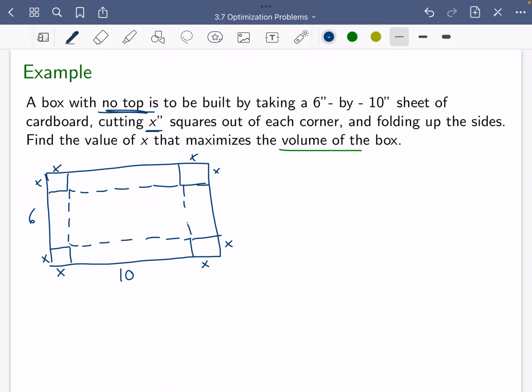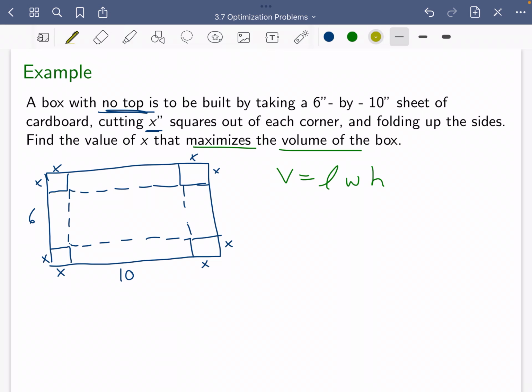And what do we want to do with this box? Well, we want to maximize the volume. So what is the volume of a box? Well, it is going to be length times width times height.